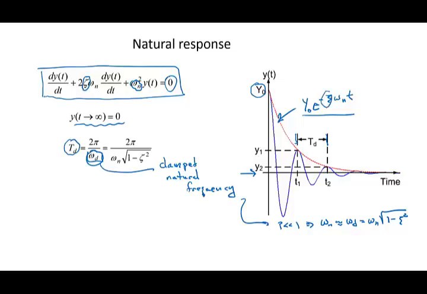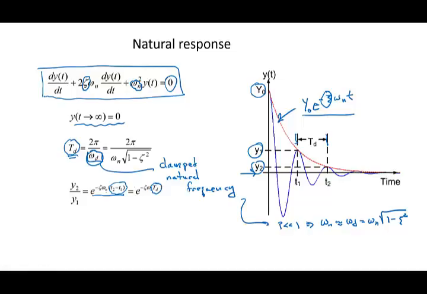To get a damping ratio, zeta, we can use these values, y1 and y2, at successive peaks. The ratio between the two, y2 over y1, is going to be e to the minus zeta omega n times the difference in time. If we use one time period, that becomes t sub d.